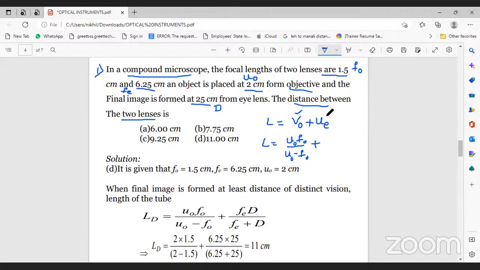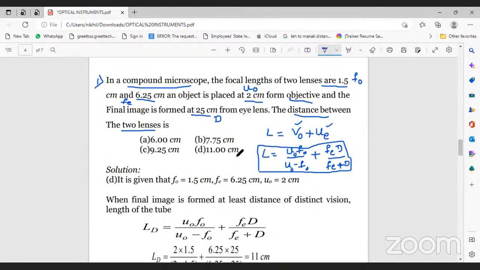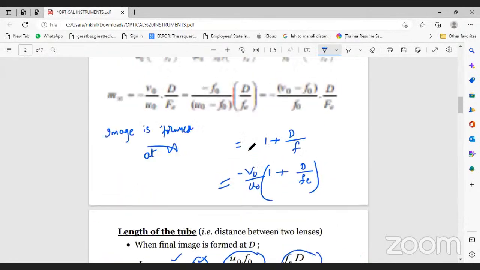Plus, if you use it for the eyepiece, it should be Fe into capital D divided by Fe plus D. Remember this. So this is the formula to find the length of the tube: U naught F naught divided by U naught minus F naught, plus Fe into D divided by Fe plus D. This is what I've given in compound microscope.